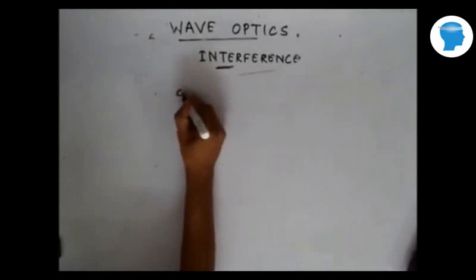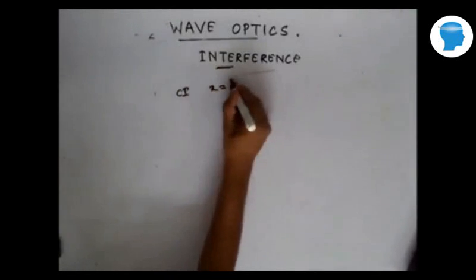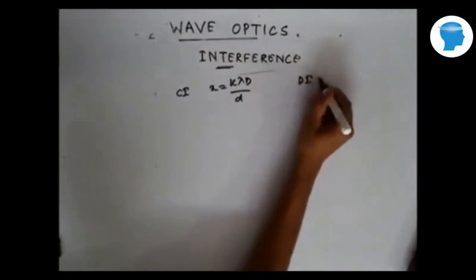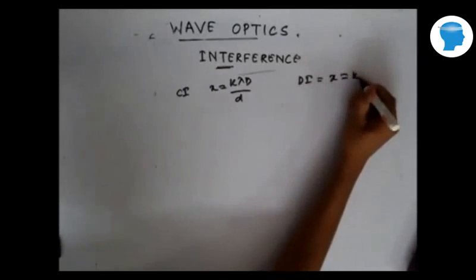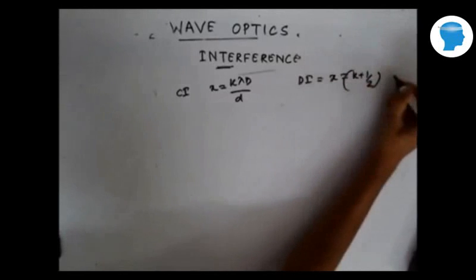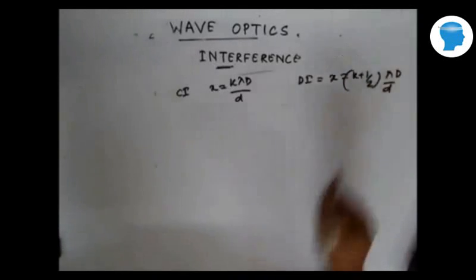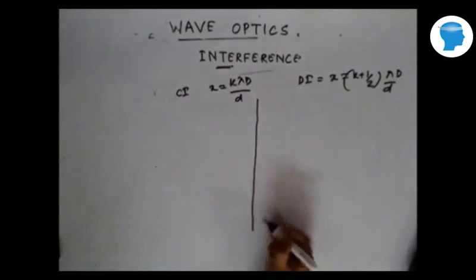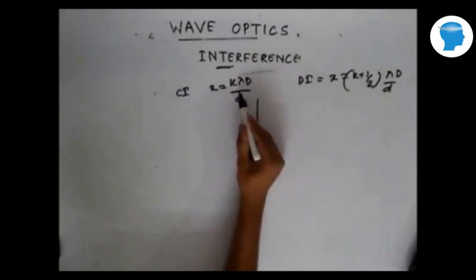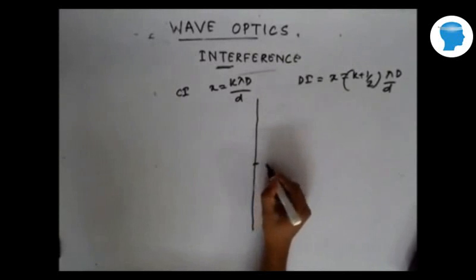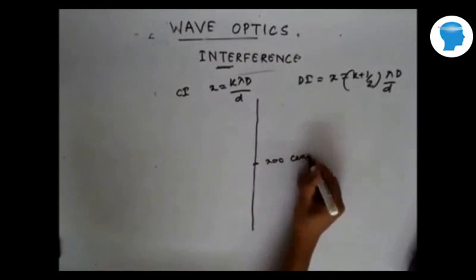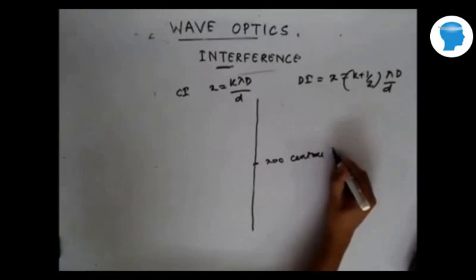Okay, so now let's put in the values of k and see where we get constructive and destructive interference. We saw that for constructive interference, x is equal to k lambda D by d, and for destructive interference, x is equal to k plus half lambda D by d. Now this is my screen. If I put k equal to 0, I get constructive interference, x is equal to 0. So here I get a central bright fringe.